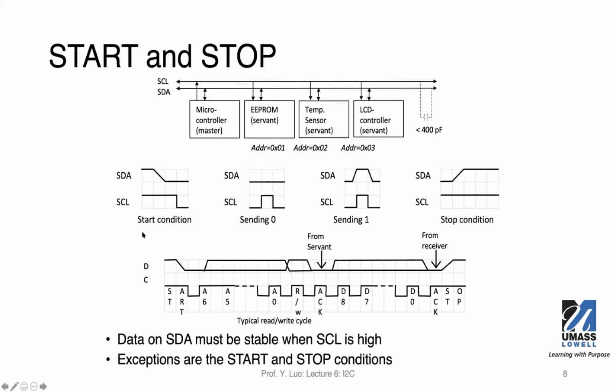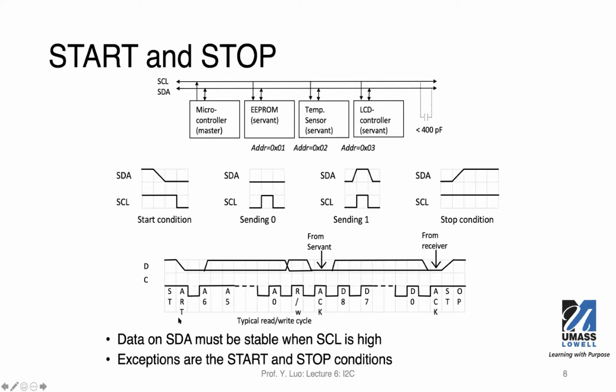Okay, now we have the basic components of the transfer. We know the start, we know the stop, and we know how to send 0s and 1s. Now, when the actual communication happens, the sender and receiver will work in tandem, following this kind of pattern.